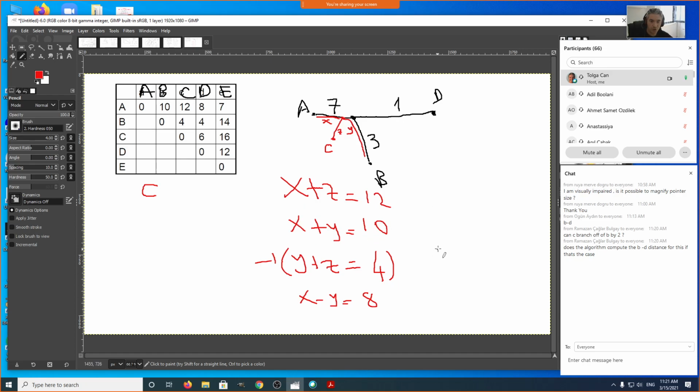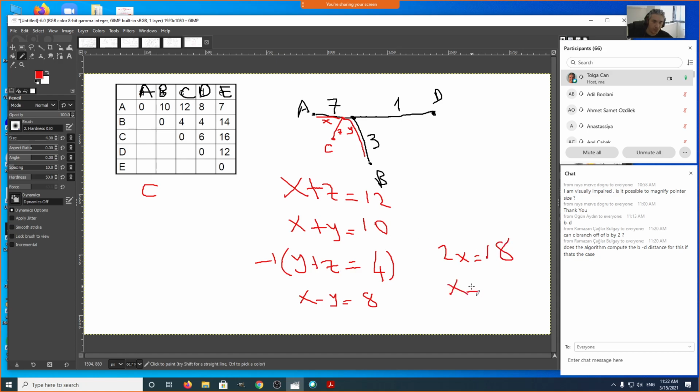So here 2x is equal to 20 and x is equal to 10. So I just add this one and this one to find 2x. Oh, I did it wrong, right? I already used this one. So it's actually 2x is equal to 18, not 20. So x minus y is 8, x plus y is 10, 2x is equal to 18.